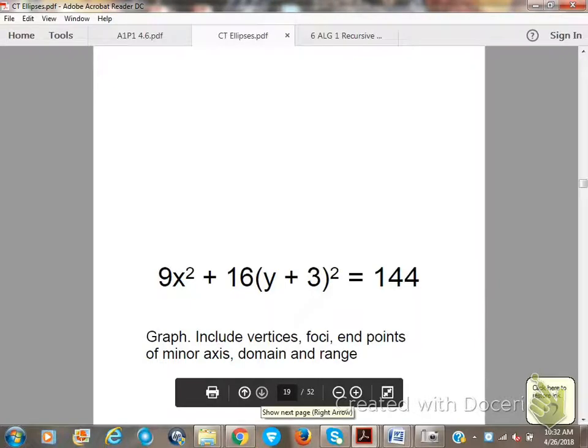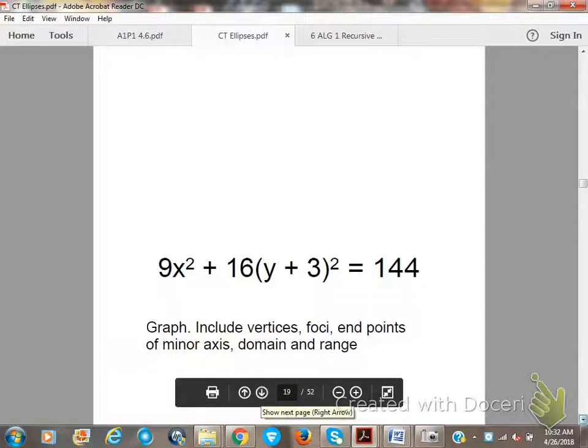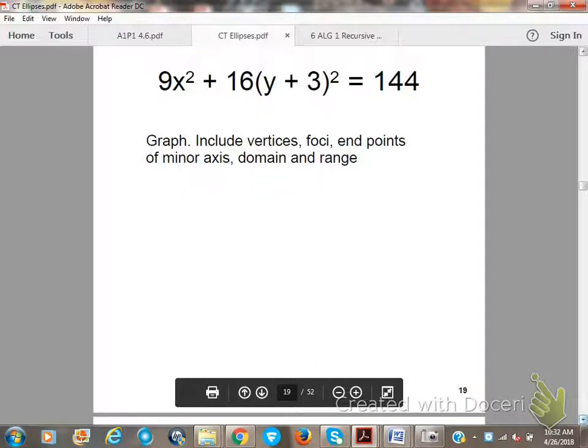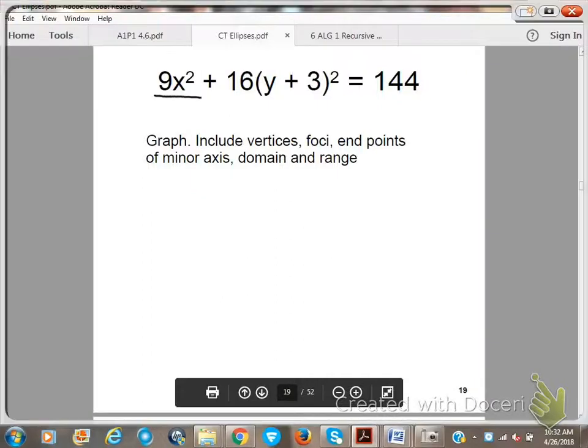Okay, so now let's look at one like this. All right, Vanessa, what do you reckon we might do first here? Divide by 144. Good, divide everything by 144.